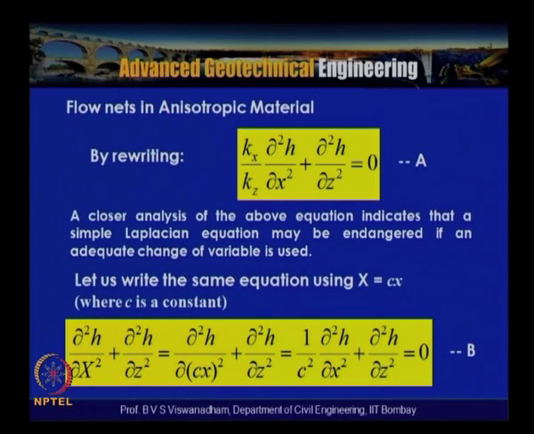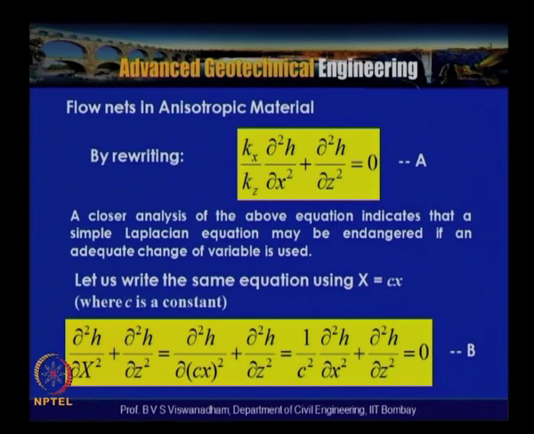So let us consider a capital X equal to C times small x, where small x is the horizontal direction and C is a constant. Substituting X equal to Cx, this is an equation in the capital X and small z plane.